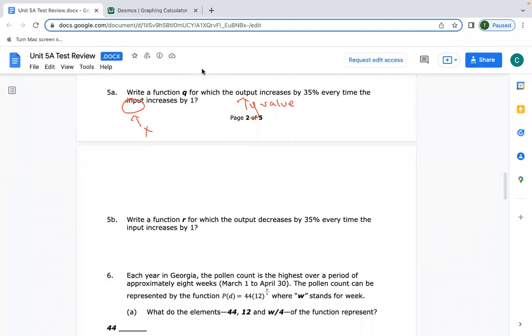All right, so on this one, our output's increasing by 35% every single time. Okay, so when we do that, we're gonna say Q, and we're gonna multiply it by 1 plus 0.35.